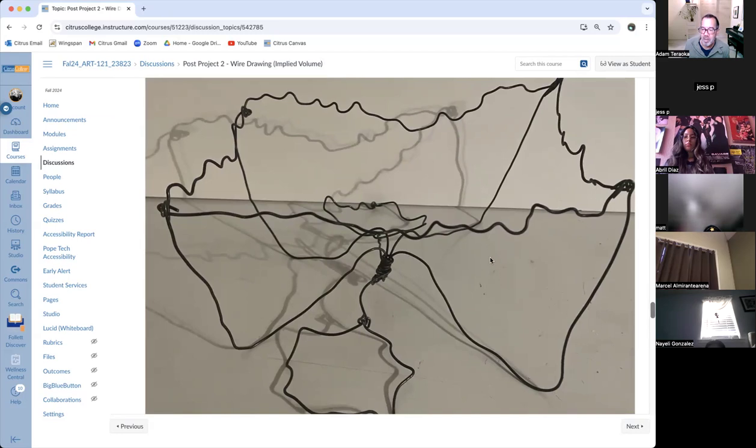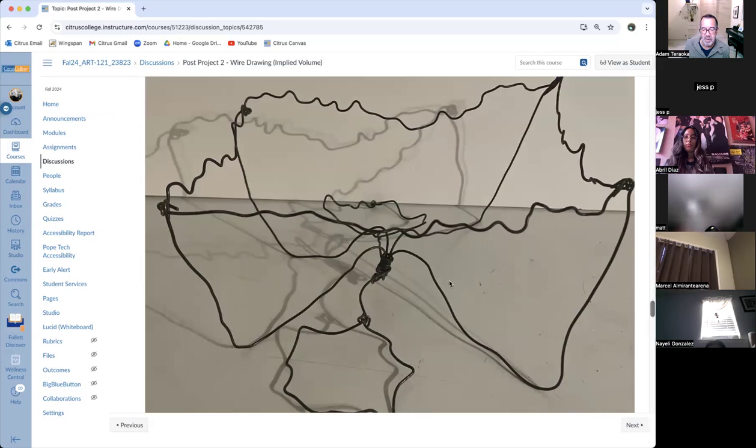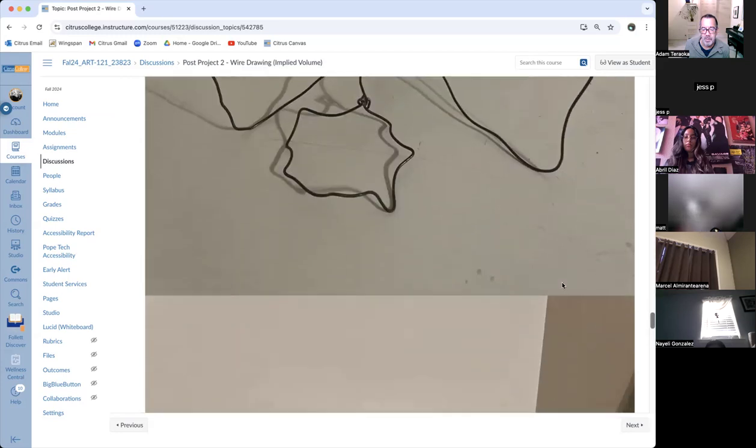To start with, you could have a wire from here to here, right? From here to here, just around the bottom. And then you could take wires and weave them back and forth, and I think that would help. All right.